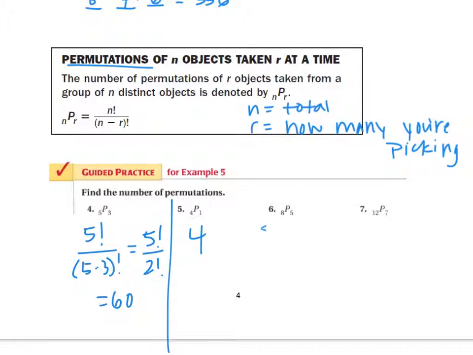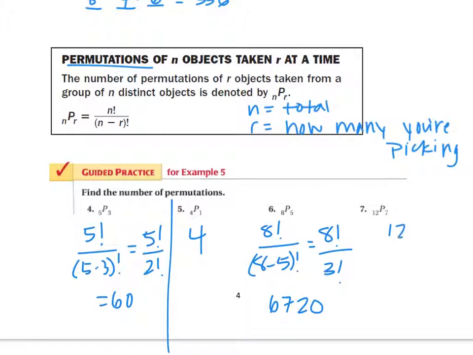All right, next one, 8 factorial over 8 minus 5 factorial. So 8 factorial over 3 factorial. And we get 6,720. And then last one, 12 factorial. 12 minus 7, we get 5.